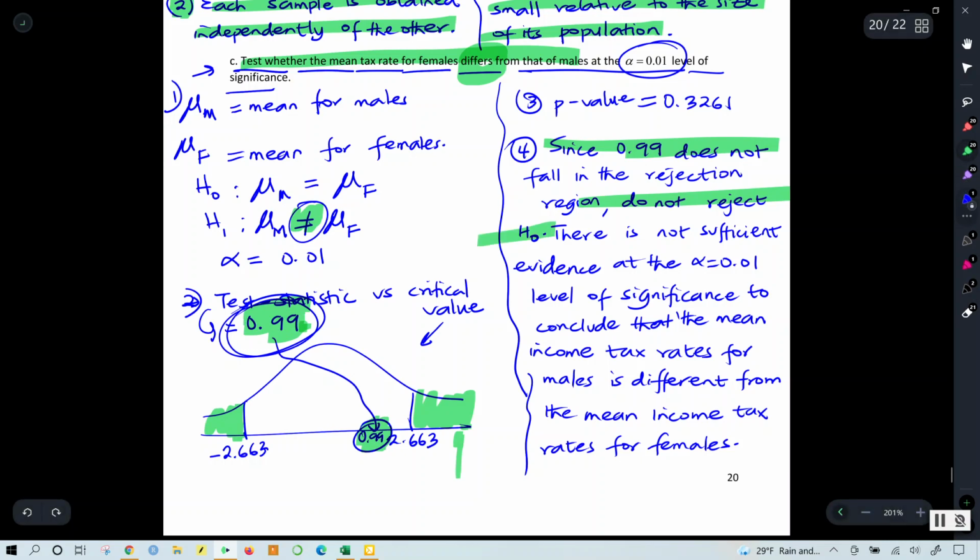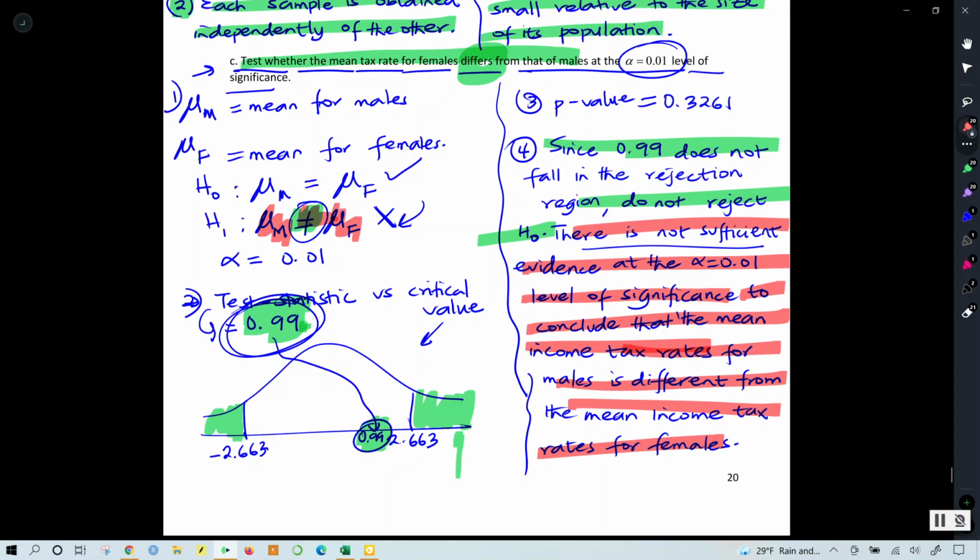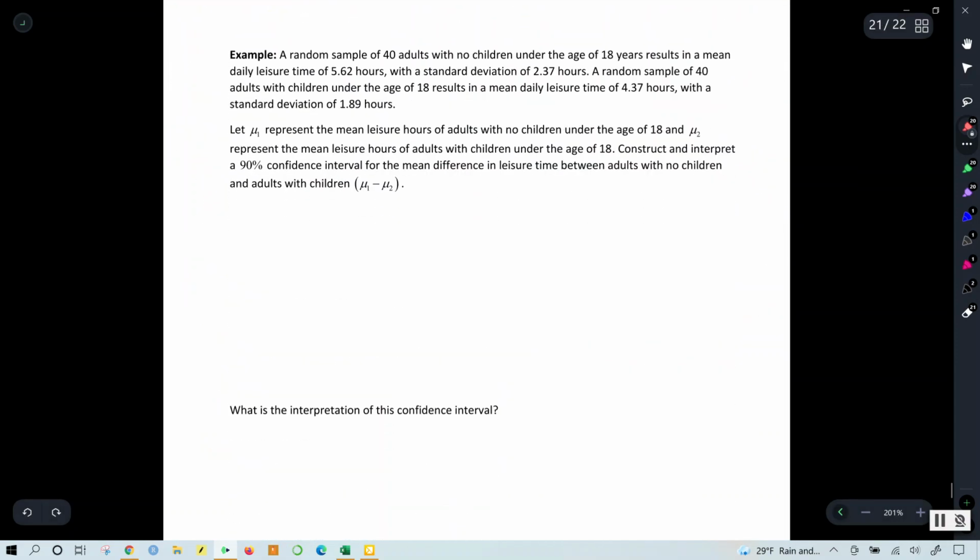That means we do not have enough evidence for the alternative that we want to test. So there is not enough evidence at alpha equals 0.01 level of significance to conclude that the mean income tax rate for male is different from that of females. With that concluded, we proceed to the next example.